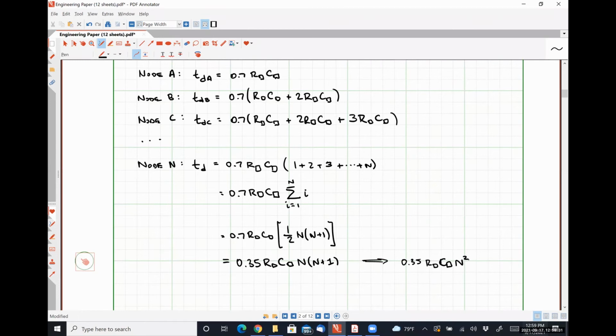If n and n plus 1 are large enough, then n times n plus 1 is going to be pretty dang close to n squared.